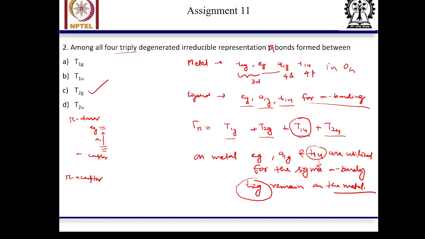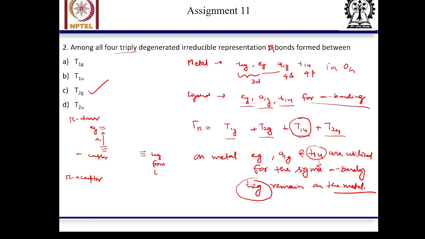Now if you have a pi donor, a ligand which has pi symmetry, what is the filled pi orbital energy? The filled pi orbital energy will be somewhere close to T2g or a little bit lower than the T2g orbital. So this is the T2g from the ligand.